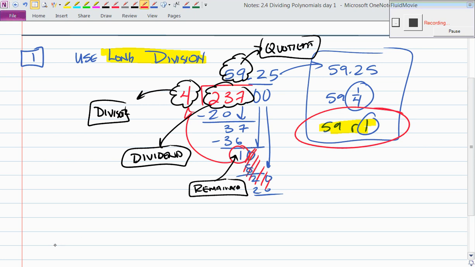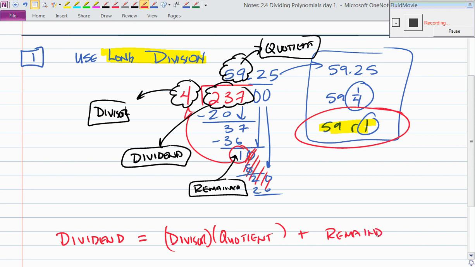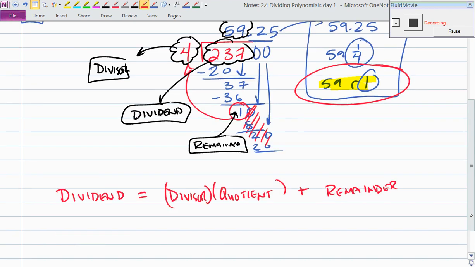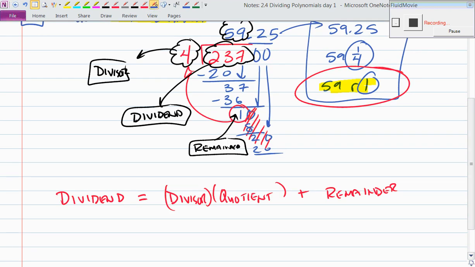Okay, I think you know this, but I think you've never actually seen it written down. So let's write down the dividend. The dividend is equal to the divisor times the quotient plus the remainder. Is that true? Really? That's crazy. So let's check this really quickly. The dividend was 237.